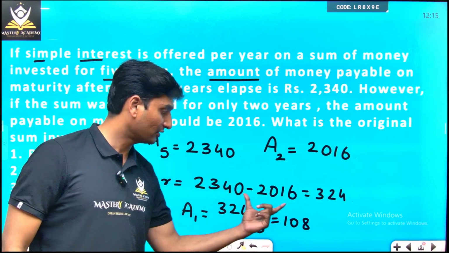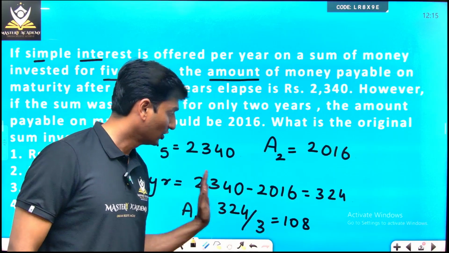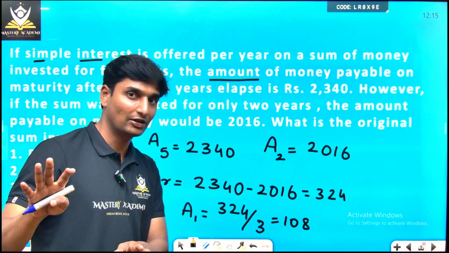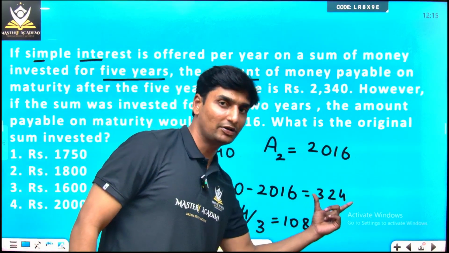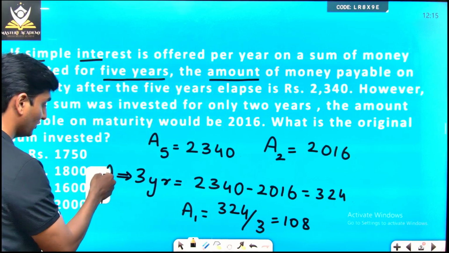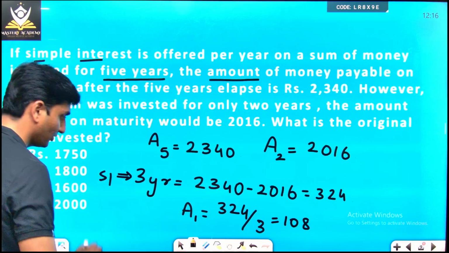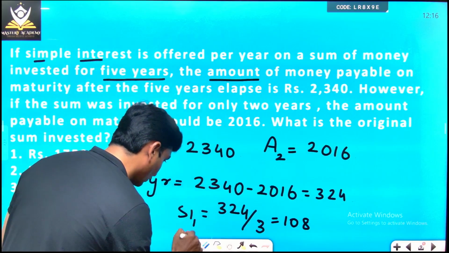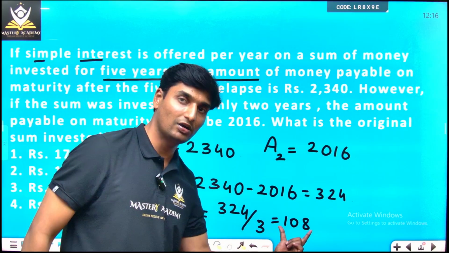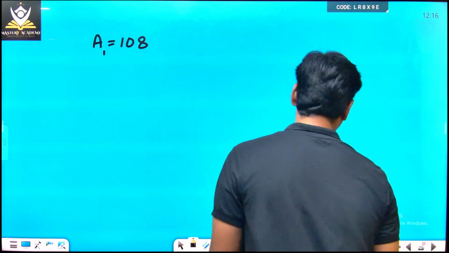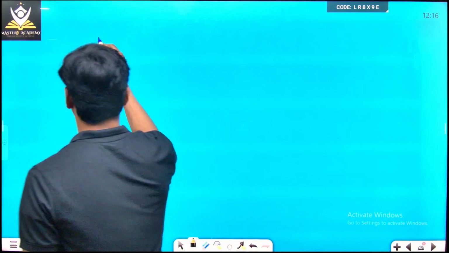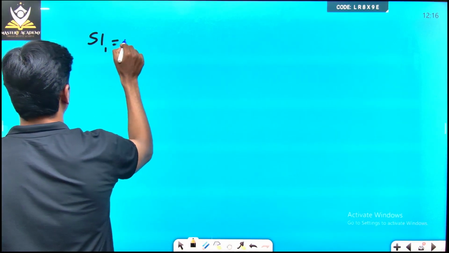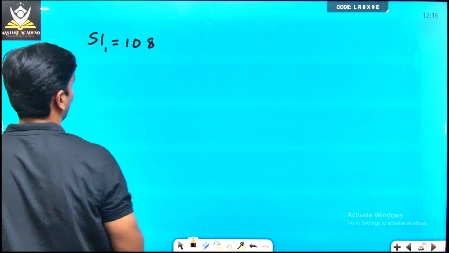Principal plus simple interest; on elimination, principal will drop out and the remaining will be simple interest. Sorry, this is simple interest, not amount: simple interest for a period of 3 years is 324. So simple interest for 1 year is 108.